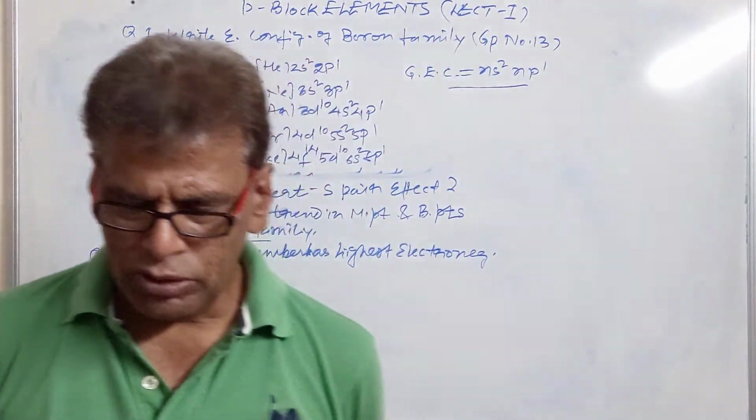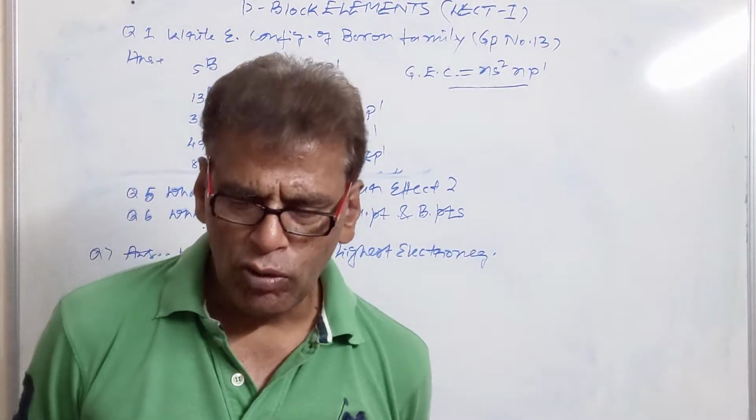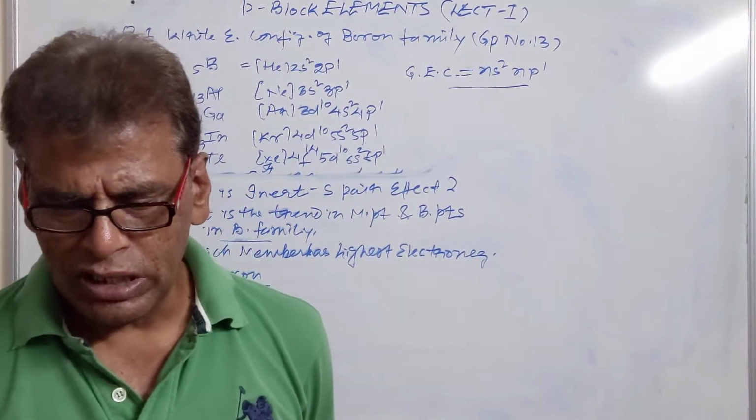What type of compounds are formed by boron family? Boron prefers to form covalent compounds due to its small size.